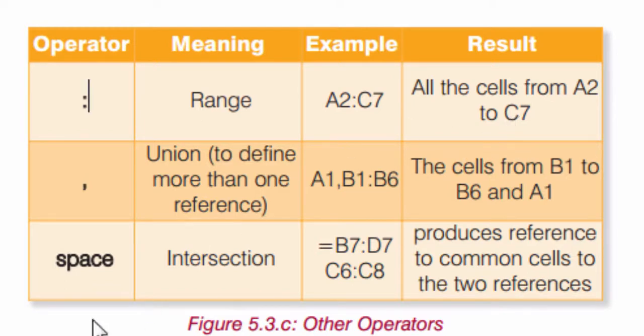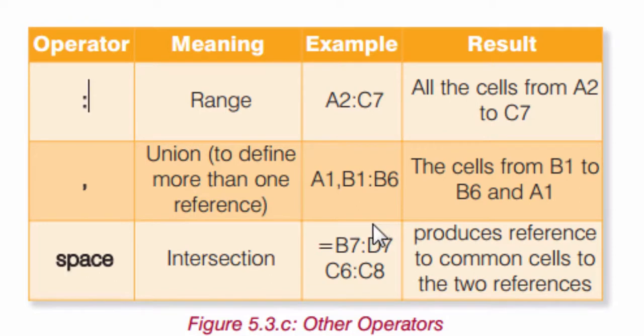The comma will also let us get different cells from different places. You can add each other. You can make a union. Let's say A1, B1 to B6, and it will get all the cells from B1 to B6 and also A1.